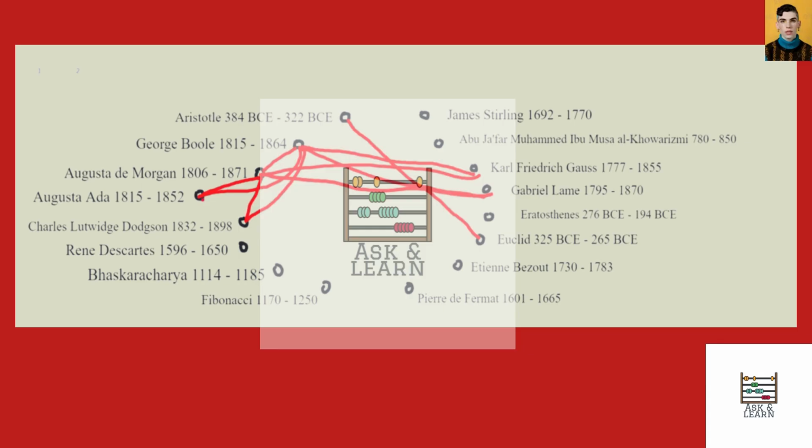Now, remember, once again, your graph may look a little bit different than mine in terms of its layout and its structure. However, the relationship should still be the same between each pair of nodes.